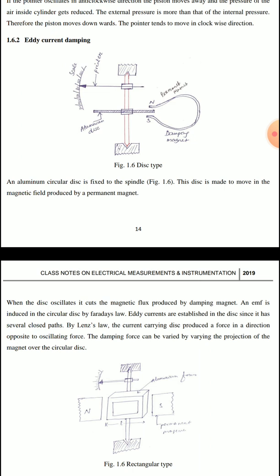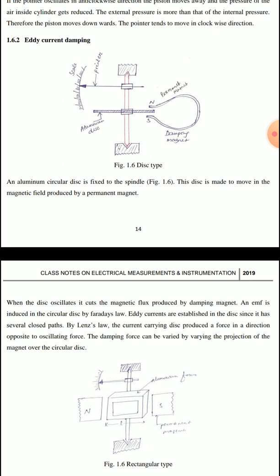And here, as we know, E is equal to minus d phi by dt, where the minus sign is indicated by Lenz's law. So Lenz's law opposes the cause of production of the EMF, the cause of production of the current. And what is the cause? That cause is the movement of the disc. So the disc is opposed in its free movement.